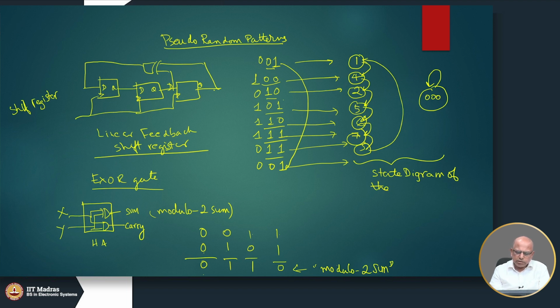In this example, we took a 3-bit LFSR and you will notice that the states that appeared appear to be sort of random, 1, then 4 and then 2 and 5.